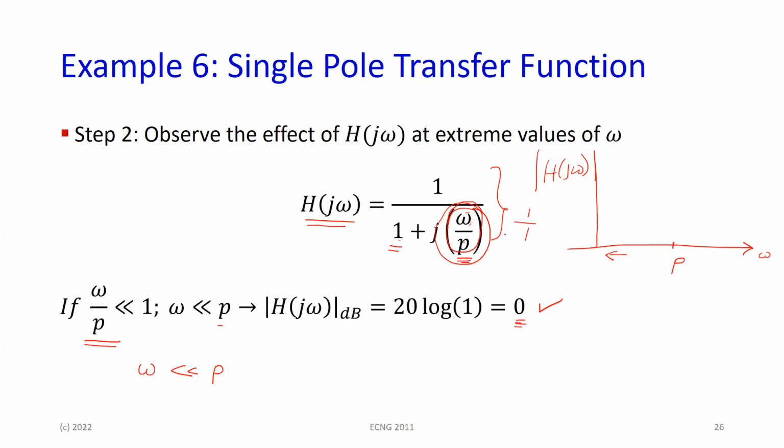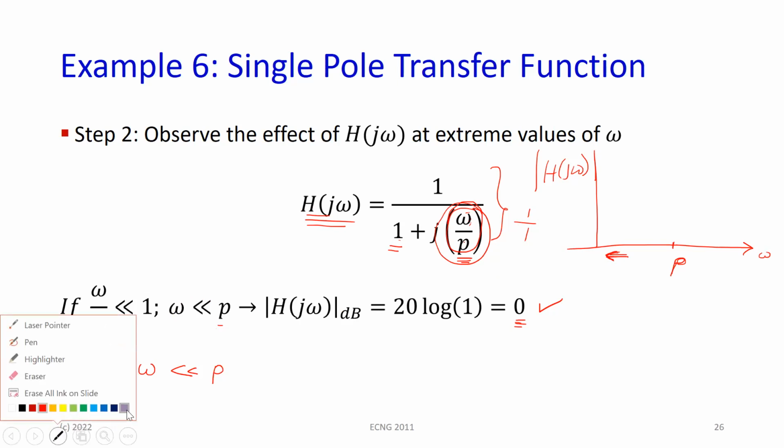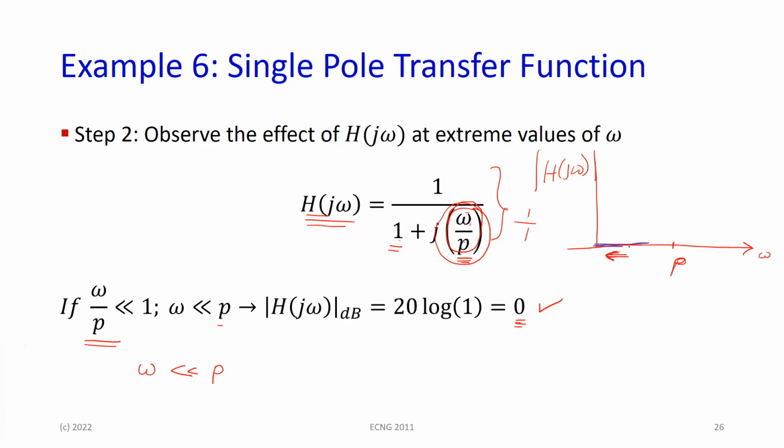If omega is much less than p, then the magnitude of the response is 0 decibels. So let me draw that. All right, so for omega much less than p, this is 0 dB. We all right with that?